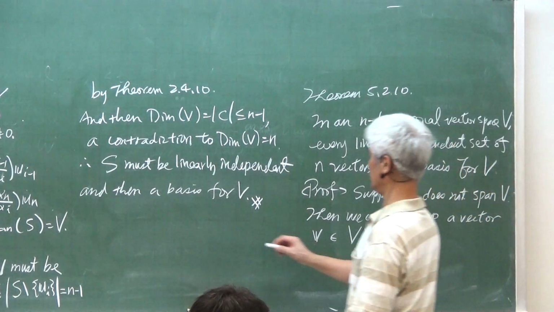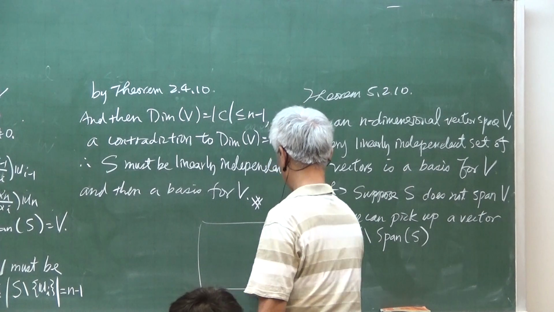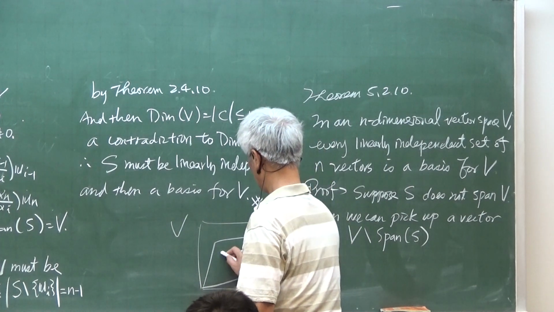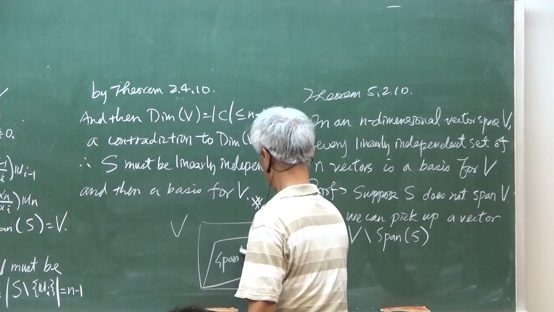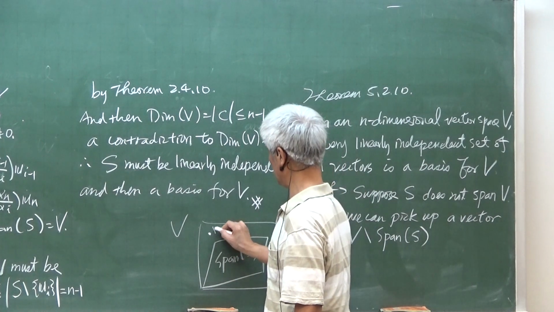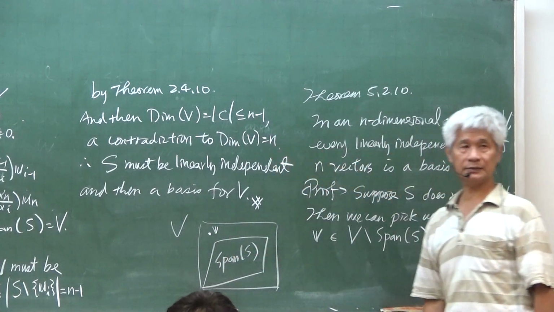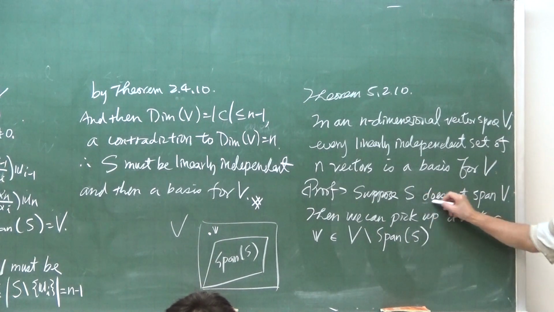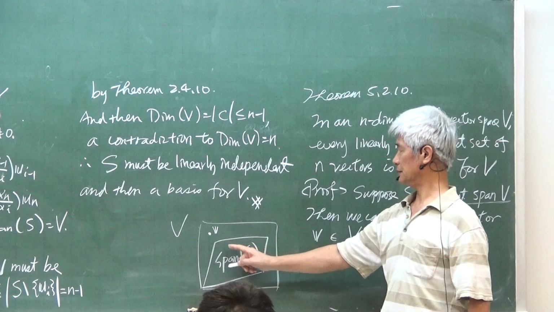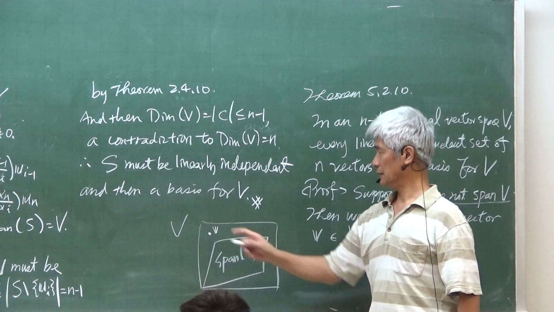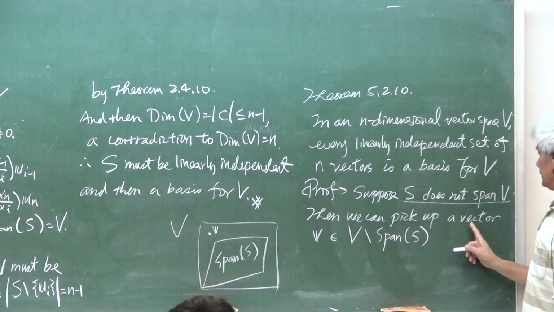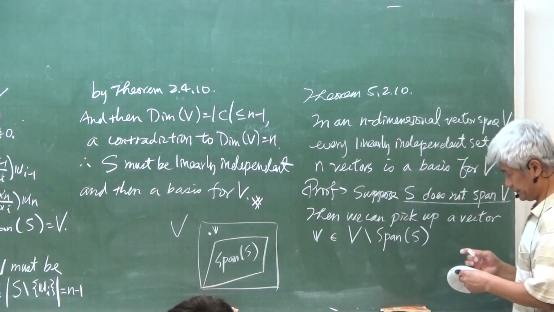Okay, so here is the situation. V is here, and this is the span of S, and we have a vector v outside of the span. Because S does not span V, the span of S is a proper subset of V. So we can pick a vector v in here.